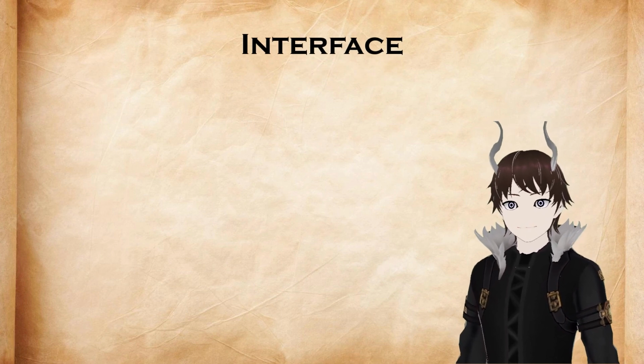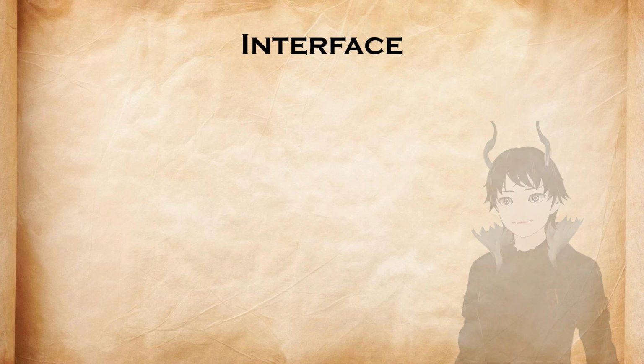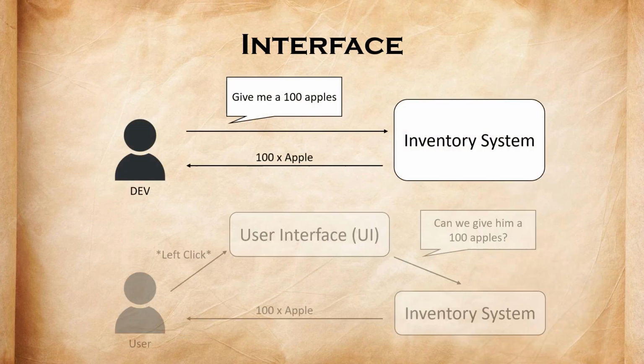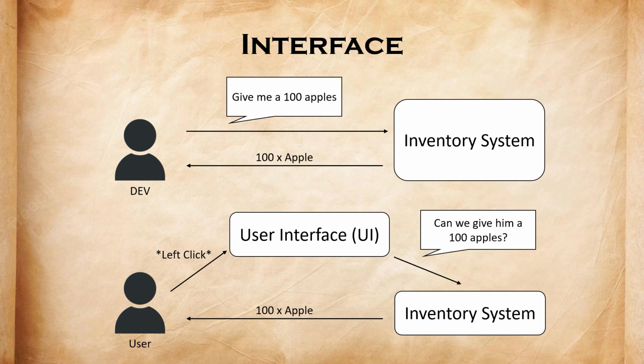The interface. This step is actually very straightforward. Like all user interfaces, the goal of this step is to expose the backend functionality to the player in a controlled manner. As a developer, I can call a function to add 100 apples to the inventory anytime I want, but the player shouldn't have that option.